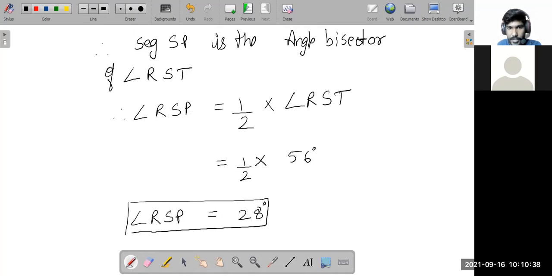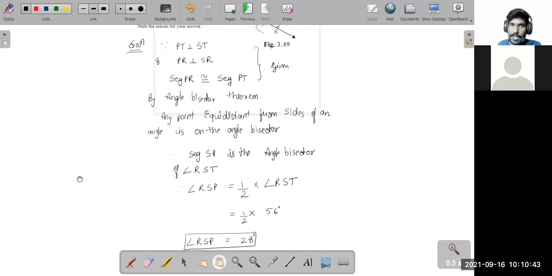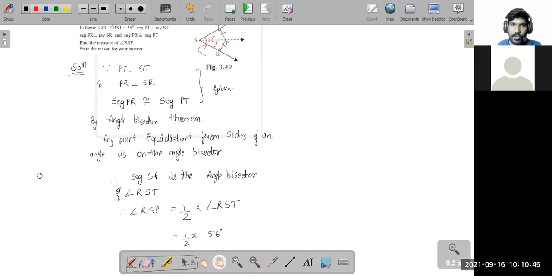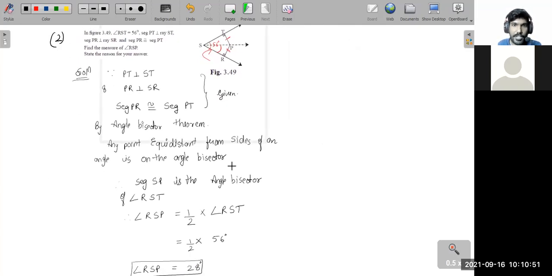Is this clear? Did you understand? Yes, sir. Okay, this is just a way of writing it. You have to just write all the points involved. So write it down and let me know once you finish. Can you see the entire sum? Yes, sir. Okay, write it down.